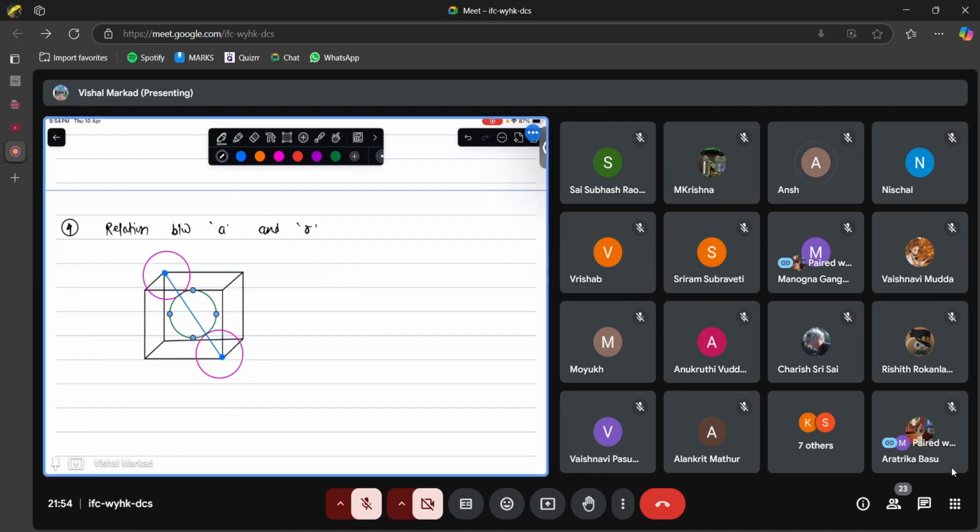Now look at here. Sir, root 3a is equal to 4r. Look at here. Consider this as A, this one. This as B and this as C. This is the body diagonal. Consider this as the triangle.